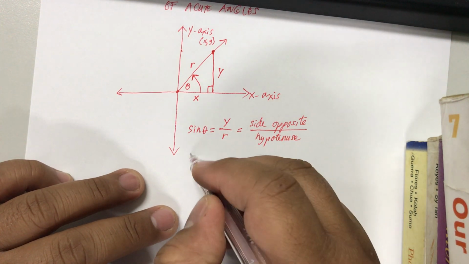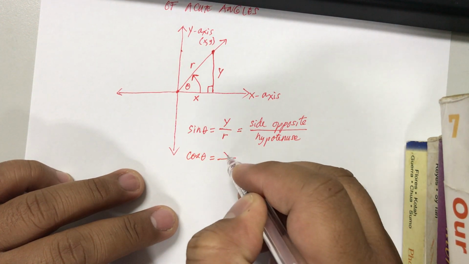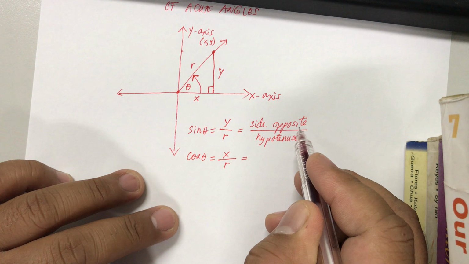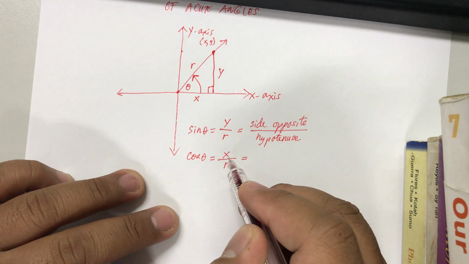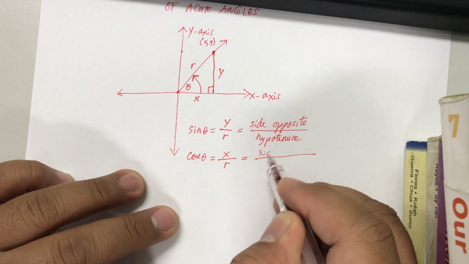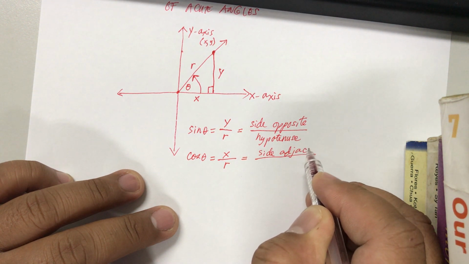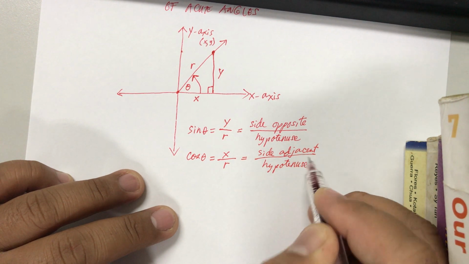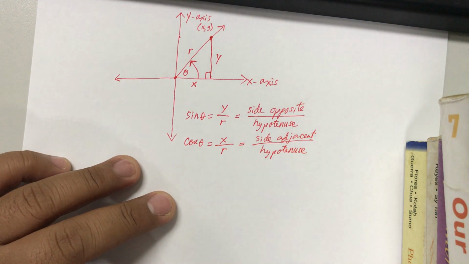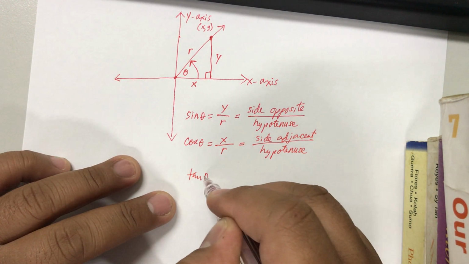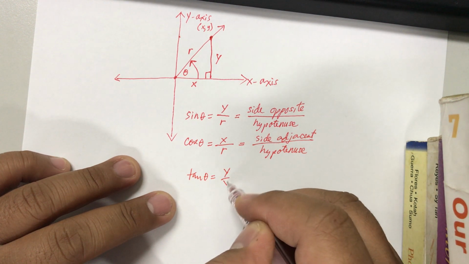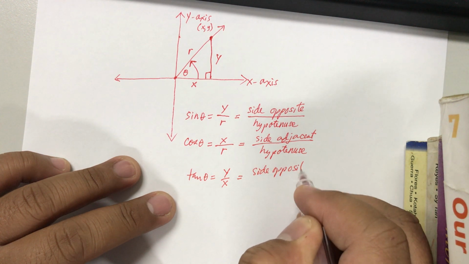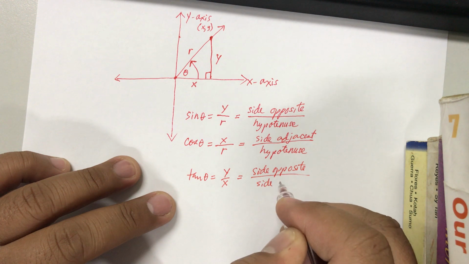Next to sine theta is cosine theta, whose definition is x over r. So if y is the side opposite with respect to angle theta, x is the side adjacent with respect to angle theta. r is still the hypotenuse. Next is tangent theta, defined as y over x. So that is side opposite over side adjacent.